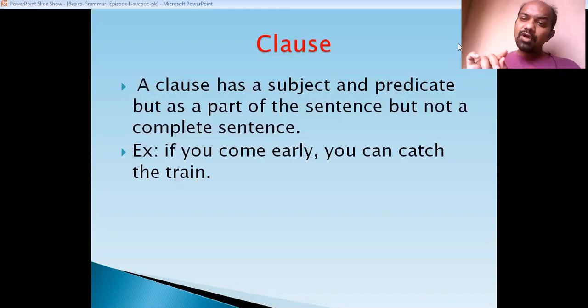Here, you come early is there in the sentence. You can catch the train is there in the sentence. But the word if is used. If you come early, it is incomplete in itself. You can catch the train.